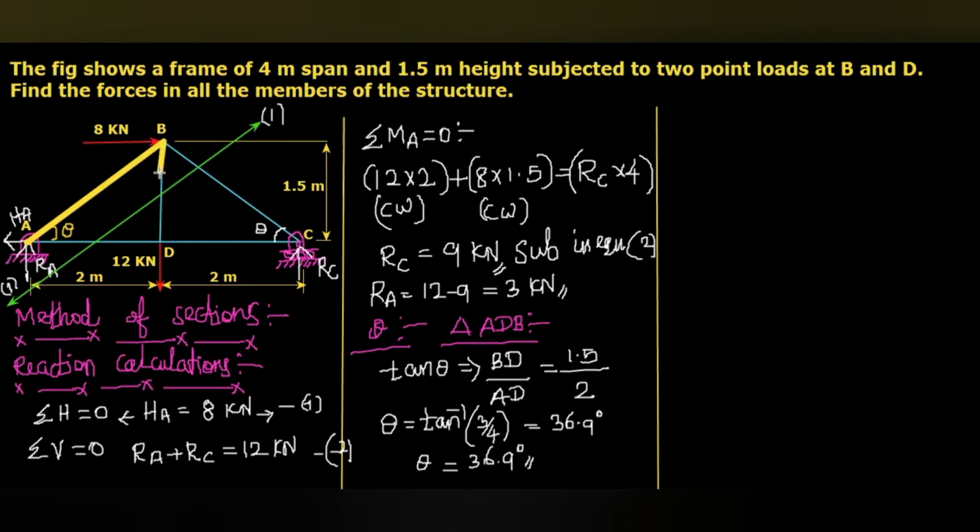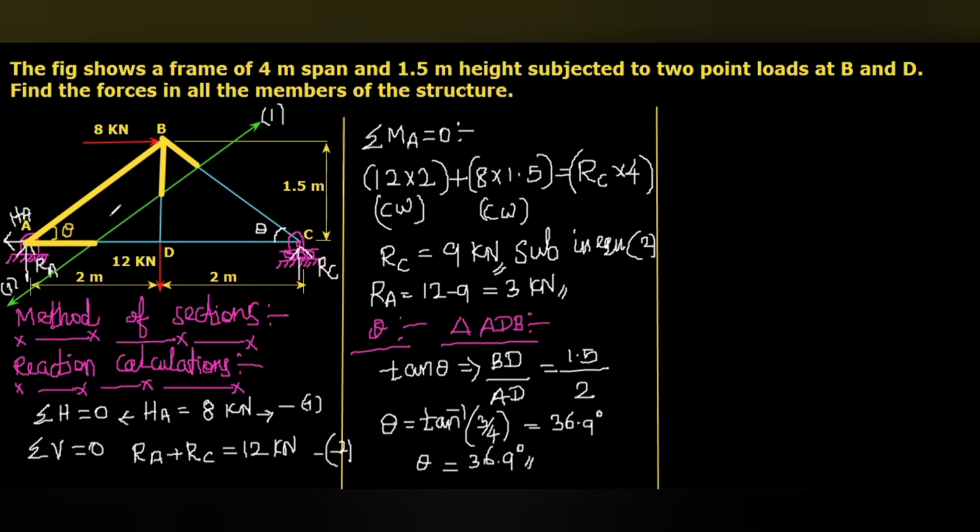The forces in the member BD, the member BC, and the member AD, these three we have to consider. Apart from this, the point load of 8 kilonewton acting at point B, and these two reactions, RA and HA. These 6 forces we have to consider.